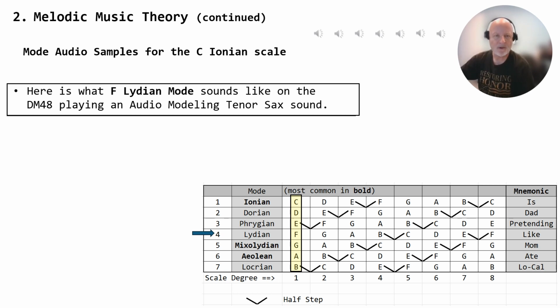It starts on the note F. Okay, there you have it.